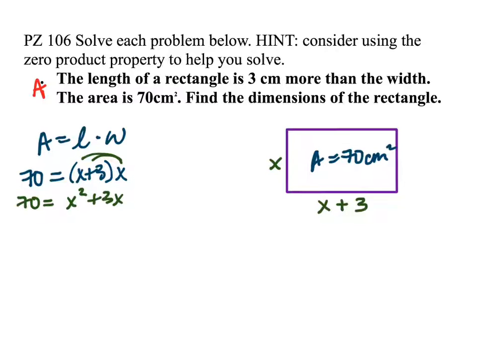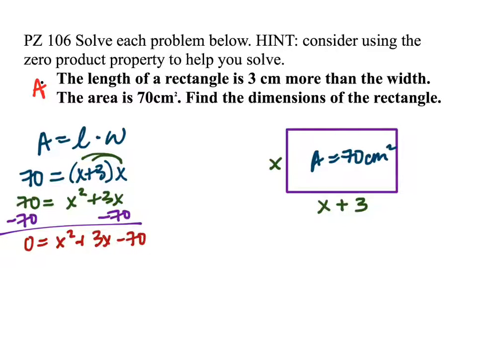Now to use zero product property, I need to get 0 on one of the sides. Makes sense because I want my x squared to be positive, so it already is. I'm going to move this by subtracting 70 from both sides. That then gives me a 0, which is very good news because that's what we wanted. So 0 is equal to x squared plus 3x minus 70.